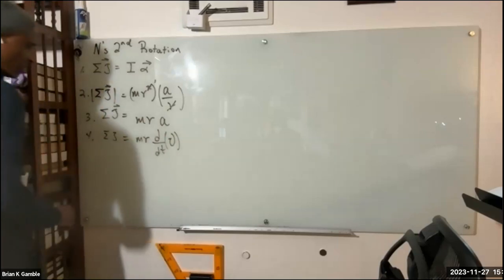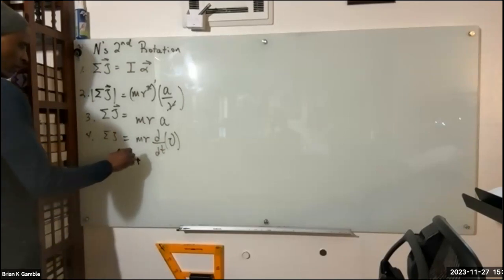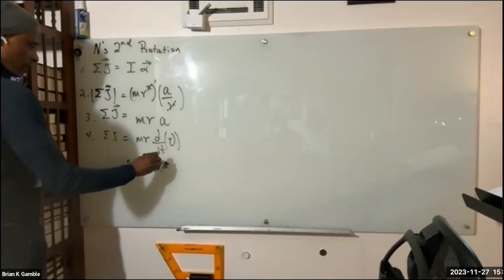So now, if I take the m on the inside, then I have r times d dt of mv.